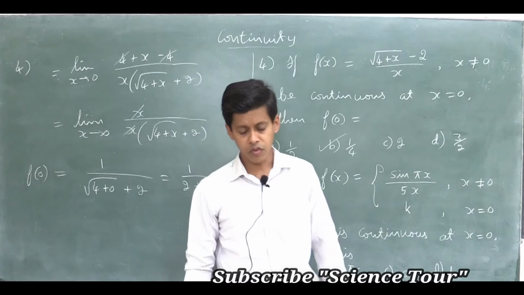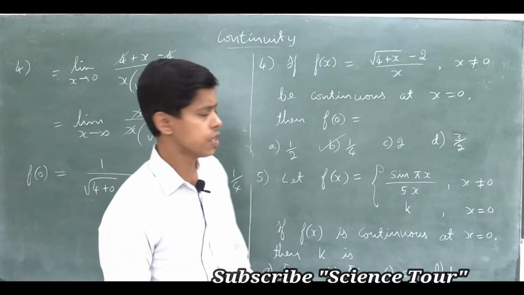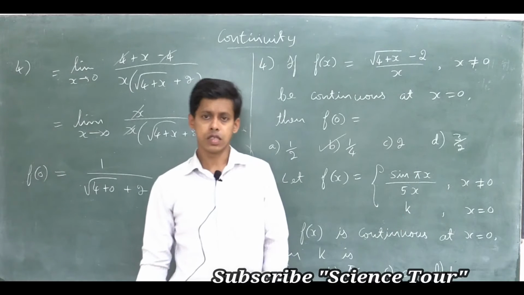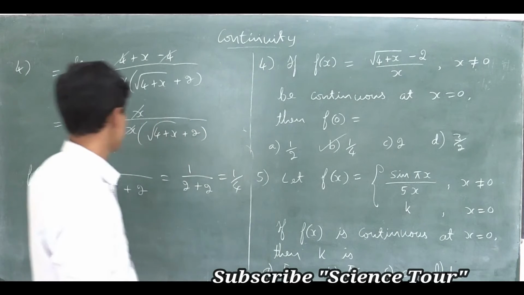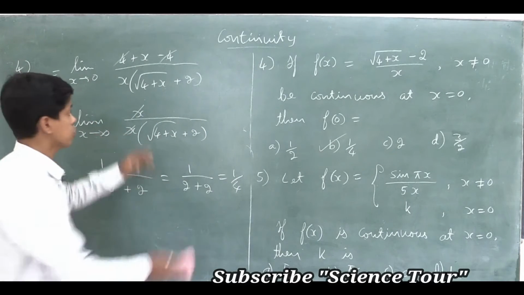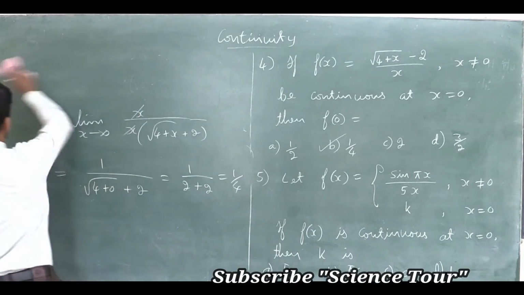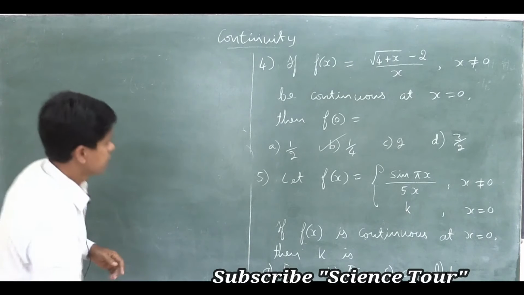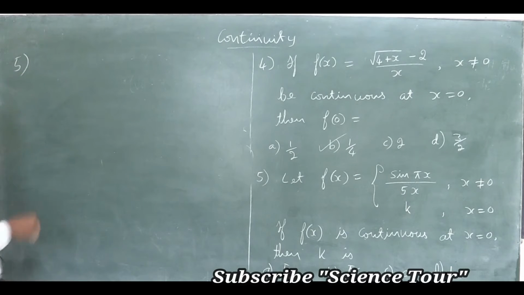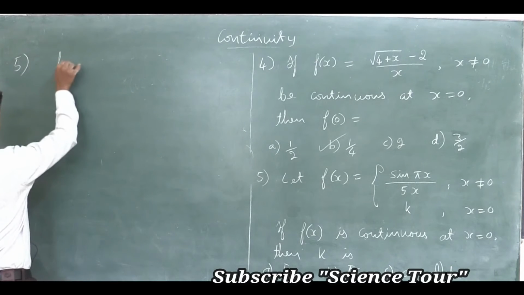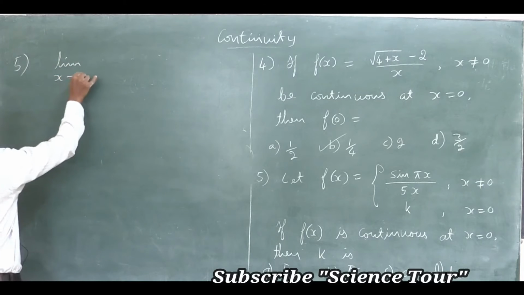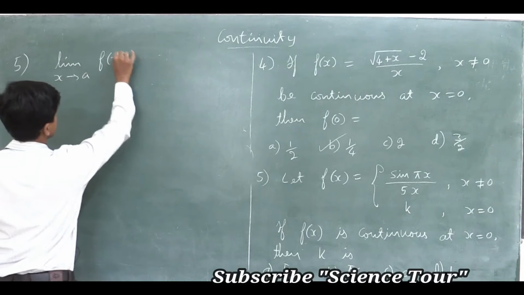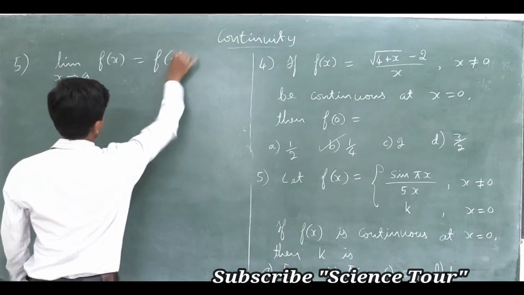So you don't have to go for different limits here, and to find the value of k you have to use the third condition. And what is the third condition? We just used that in the fourth question. Let's use that again. The third condition of continuity is as x tends to a, f of x is equal to f of a.